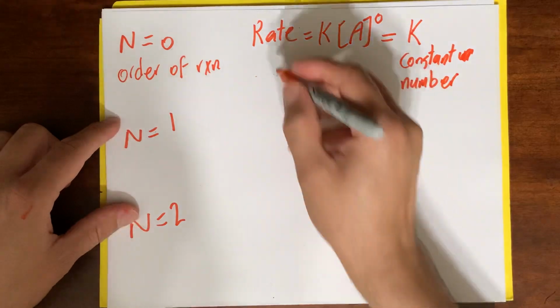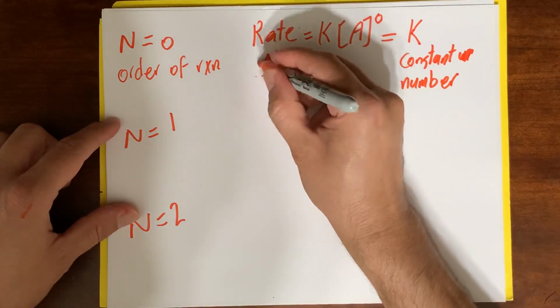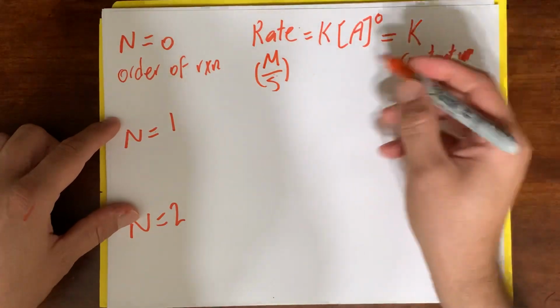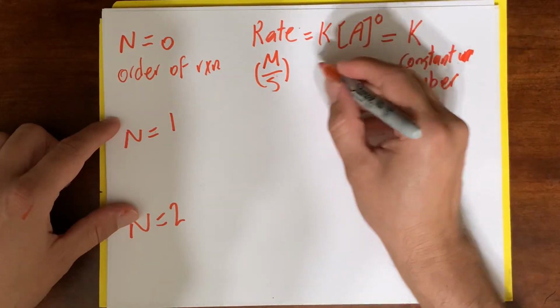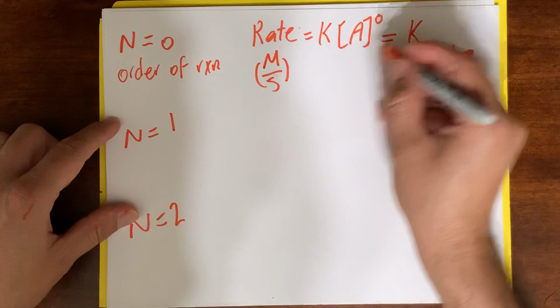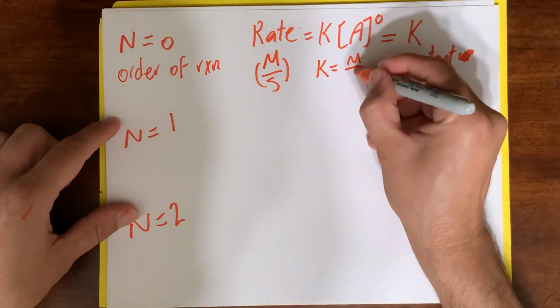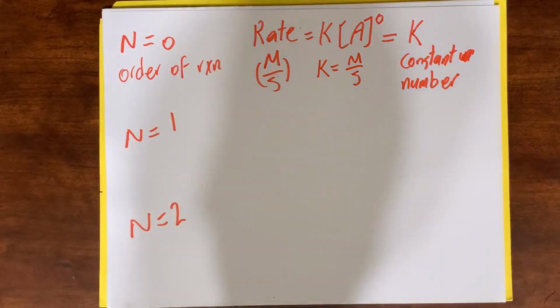Unit for rate is molar over second. So unit of k will be molar over second. Here we say rate is equal to k, so the unit of k also will be molar over second.